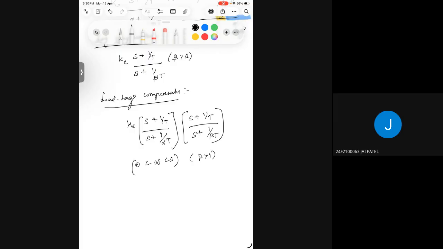Now, how will each compensator look in terms of its mathematical representation? Let me take an example and we will deal with that.